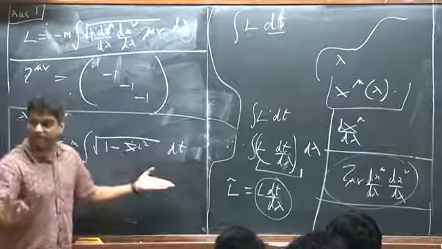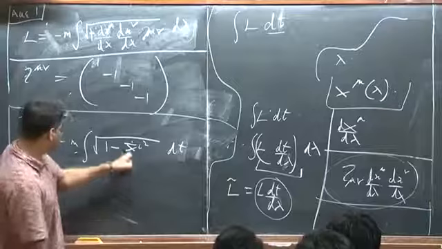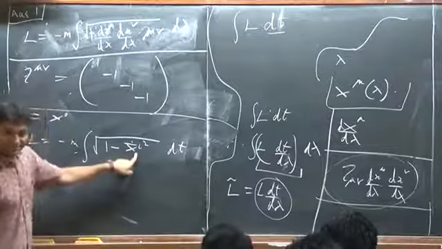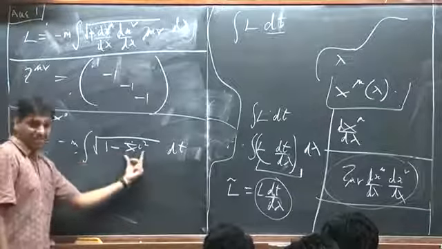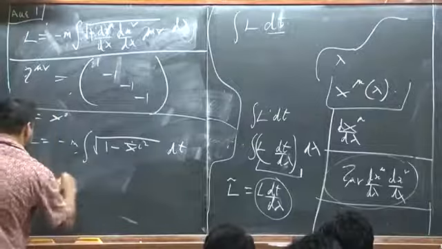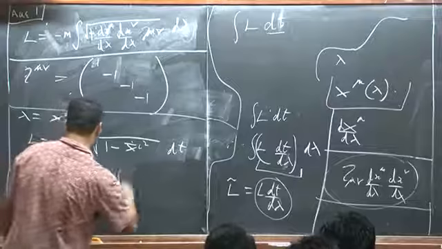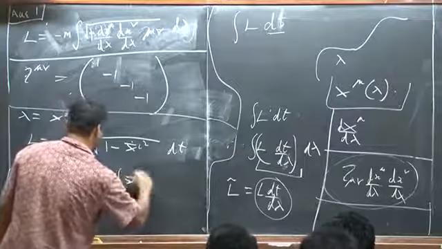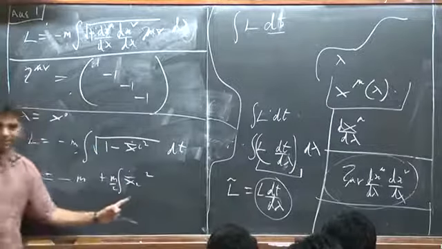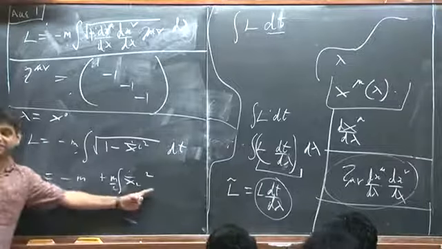Of course, I'm working with the speed of light equal to 1. Now I take this and expand it in small velocity. This becomes L equal to minus m plus m by 2 xi dot squared, which is the non-relativistic Lagrangian.